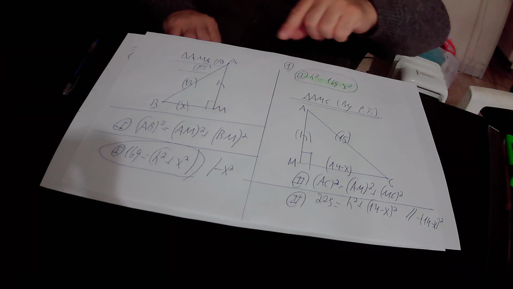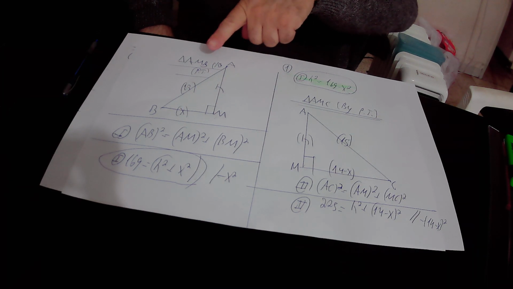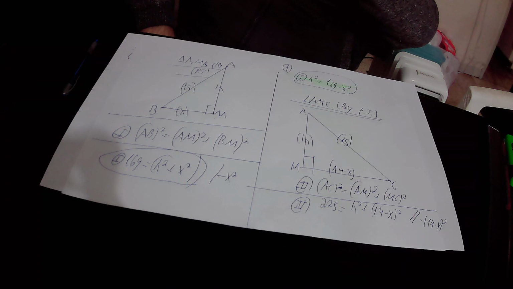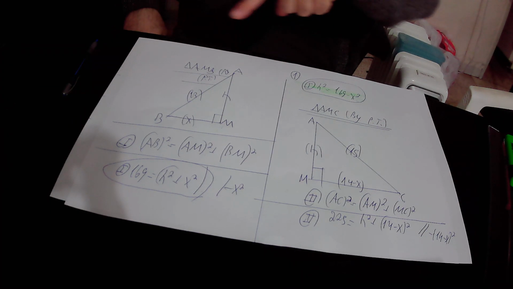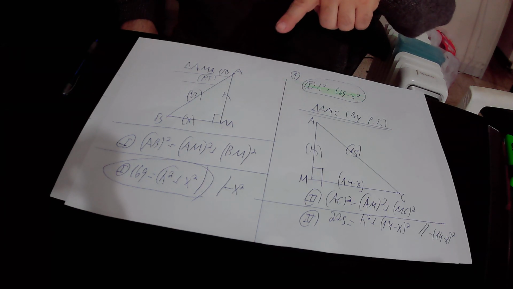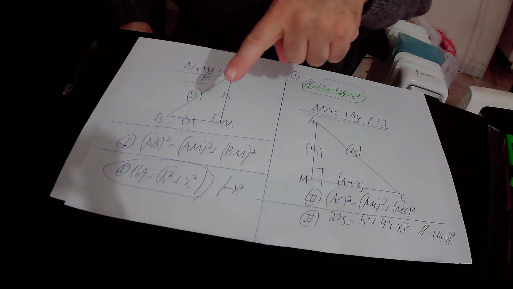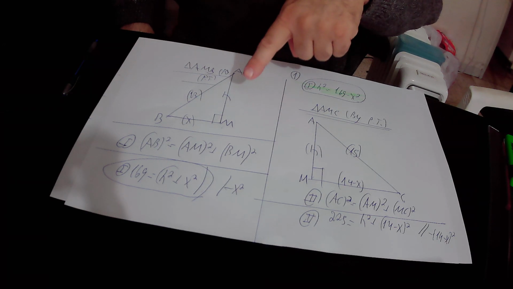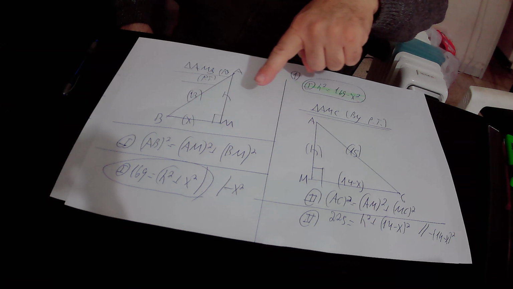So actually, this is the right triangle ABM that I copied from the original drawing. By PT is the version for Pythagoras theorem. According to the Pythagoras theorem, in this right triangle ABM, AB squared equals AM squared plus BM squared. So AB is 13, therefore AB squared is 13 squared, that is 169, and it equals AM squared, AM is 8, therefore AM squared is 8 squared, plus BM squared.